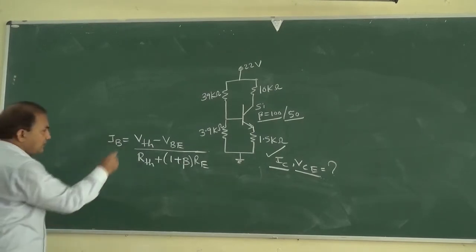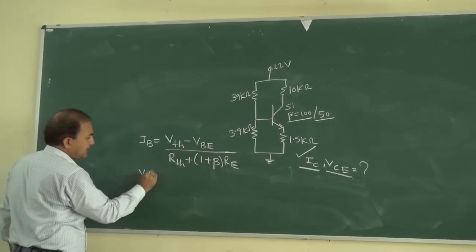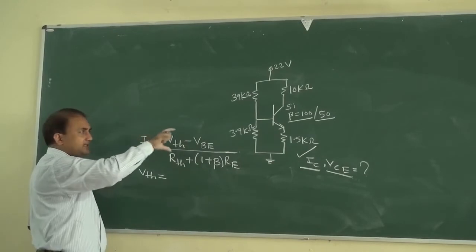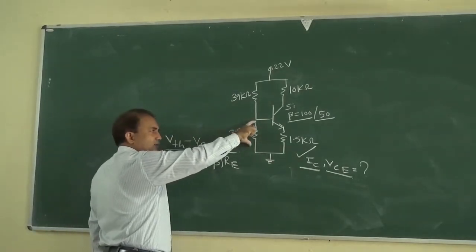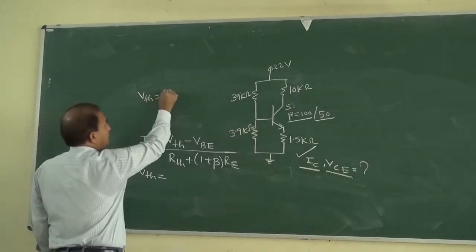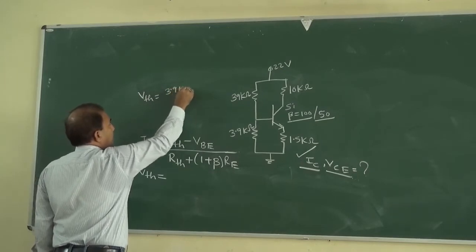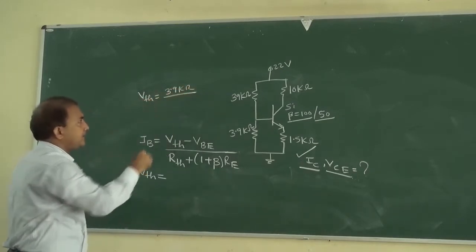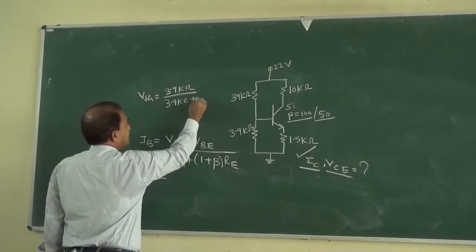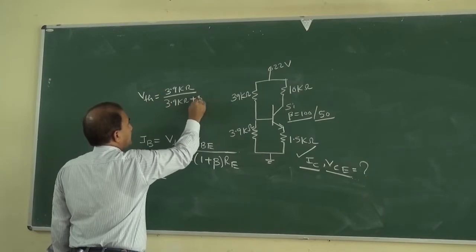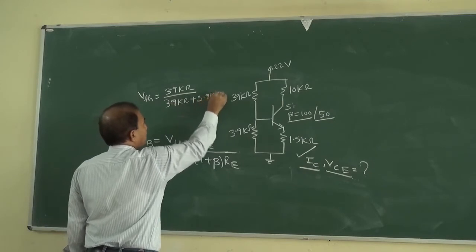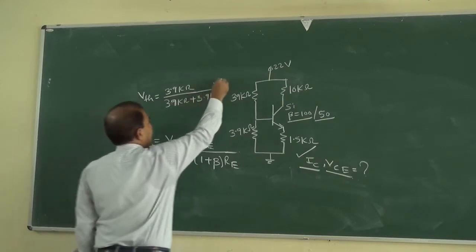Okay, so we can determine VTH. How can we determine VTH? VTH we have to determine across this R2. So VTH is equal to 3.9 kilo ohm divided by (39 kilo ohm plus 3.9 kilo ohm) multiplied with 22 volt.